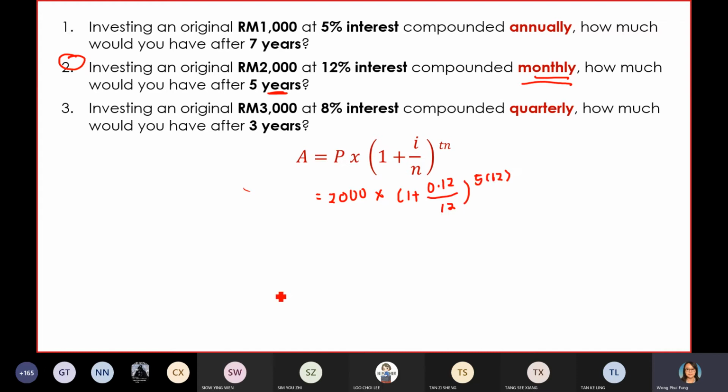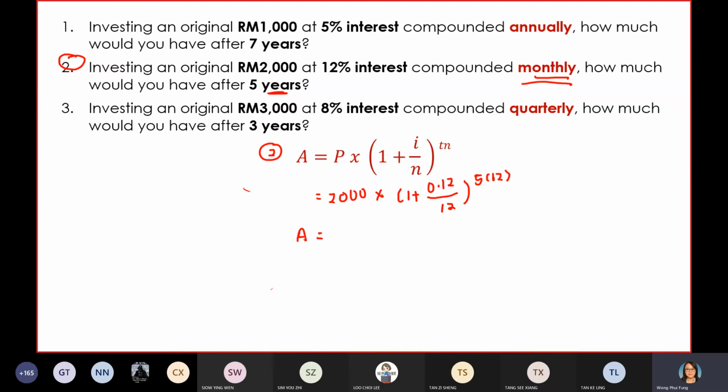What would you get for A? So, time to practice your calculator skill.